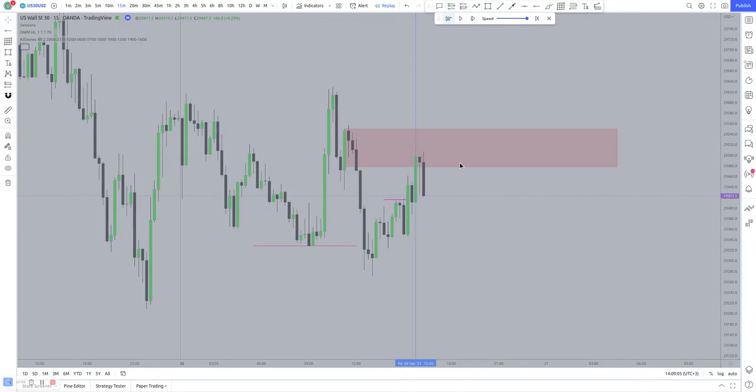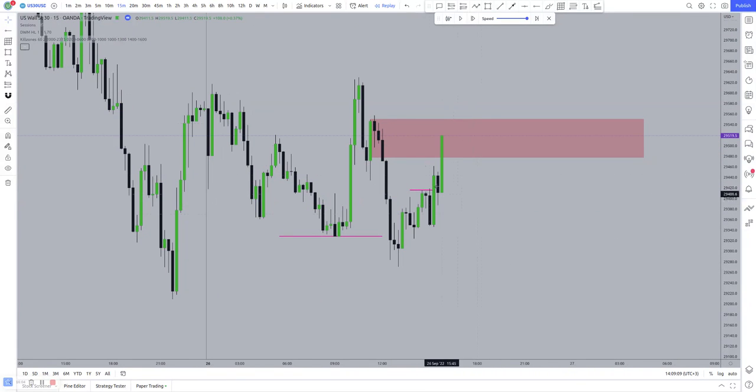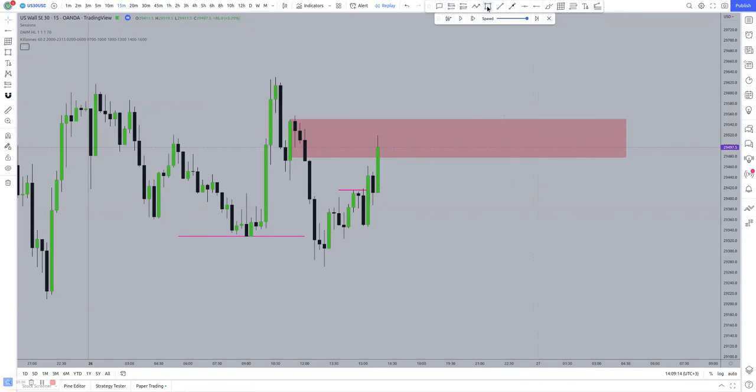We have a bearish order block, but again we have a bullish order block. In one of my previous videos, I talked about opposing blocks or opposing structures.